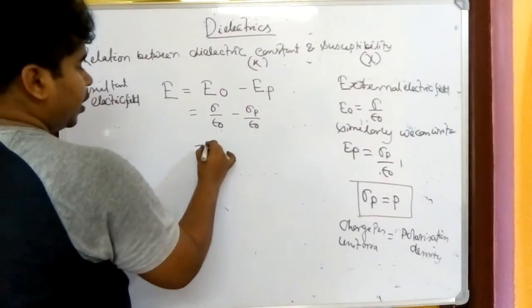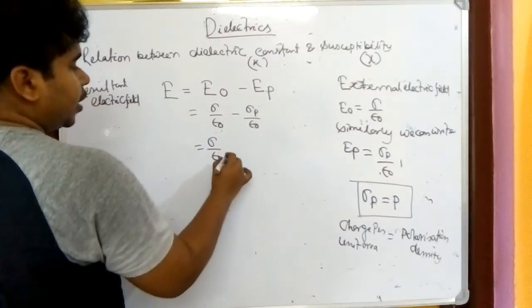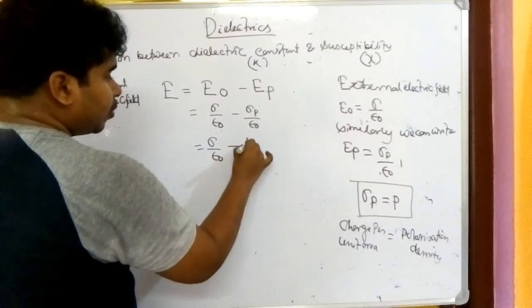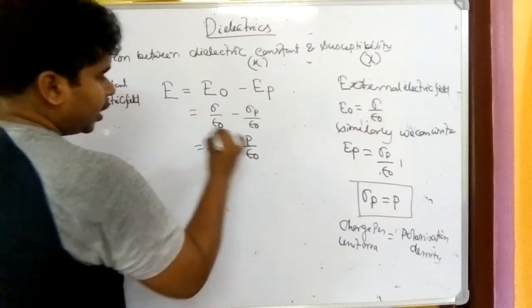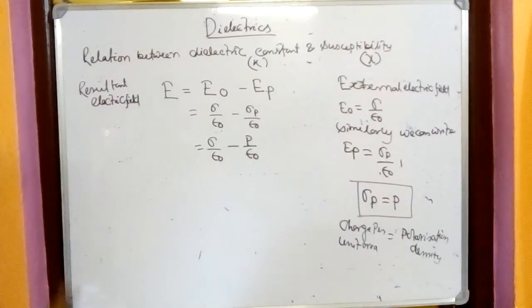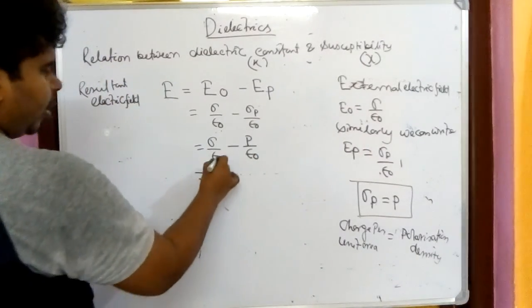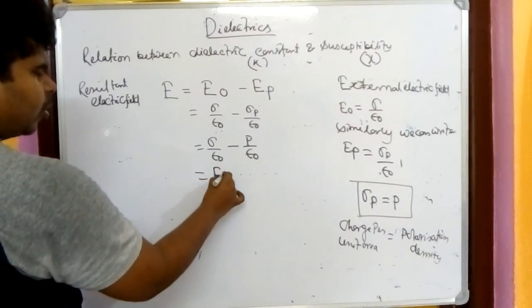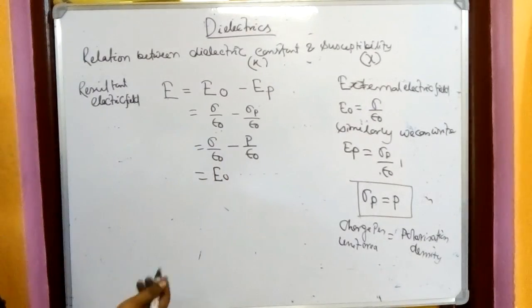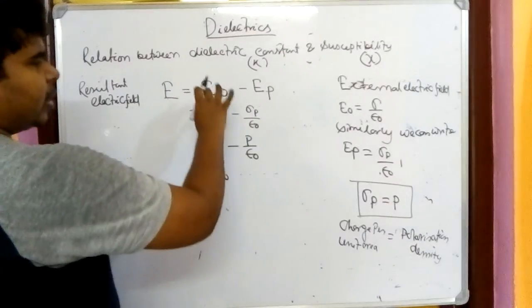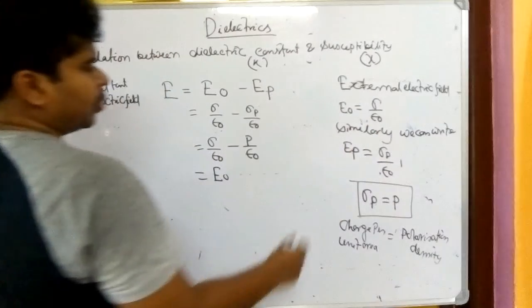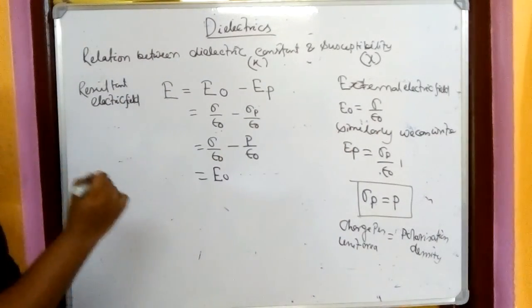So it is sigma P. Instead of sigma P we can write P by epsilon naught, and sigma by epsilon naught can be E naught. So to make you understand, E naught equals sigma by epsilon naught and EP equals sigma P by epsilon naught, I have done this.